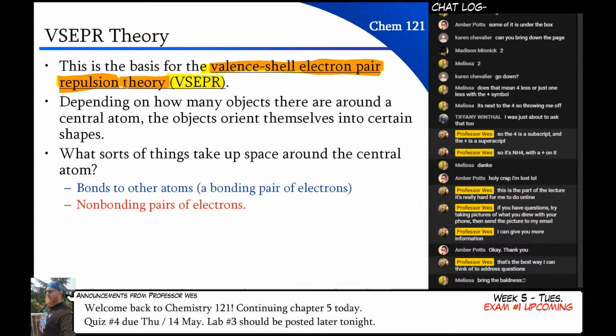Now again, remember, we are going to count these bonds and these non-bonding pairs each as one electron group. And bonds could be single, double, or triple.